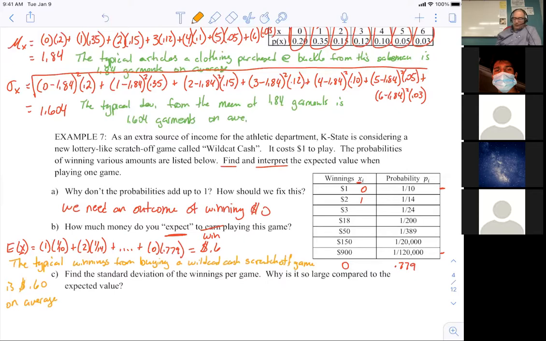What's our next one? Find the standard deviation of winnings and why is it so large compared to the expected value? So again, we would go back to my calculator, but if we wanted to type that in, we need to write this out notation-wise. So the observed value is going to be 1 minus the expected value of 60 cents. We're going to square that, and take that times the probability of 1 in 10. Then we're going to have the next outcome, which was 2.